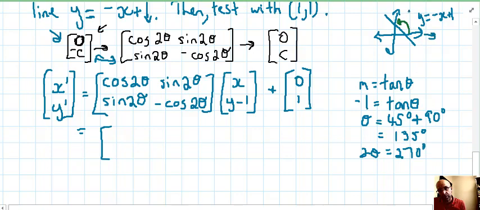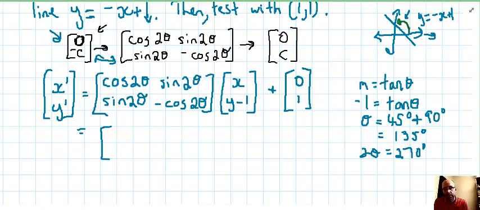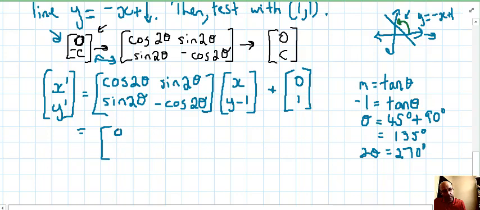So that would make this little angle here I've written in green. Okay, and so we've got 135 degrees. If you think about that, it'd be 45 plus 90, and you might need to pause the video and think about that a bit. You get 135, so 2 theta would be 270, so cos 270 is 0, sine 270 is negative 1.